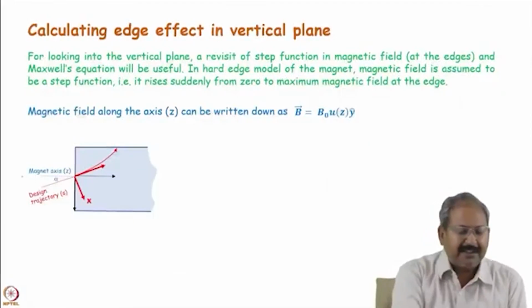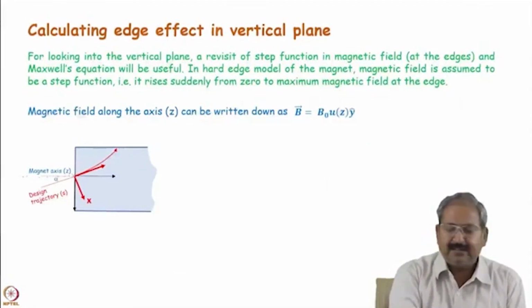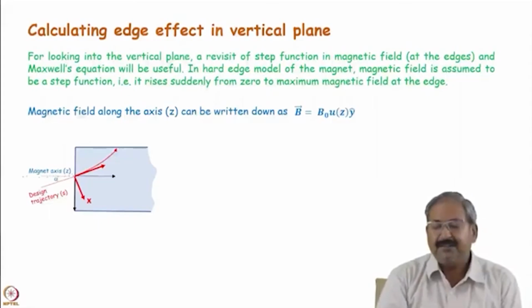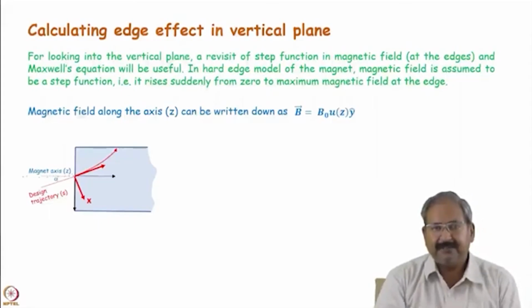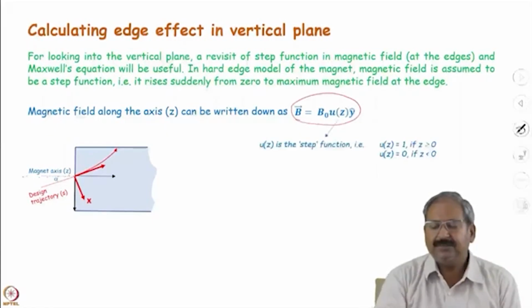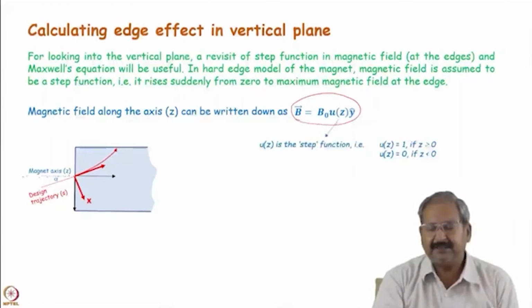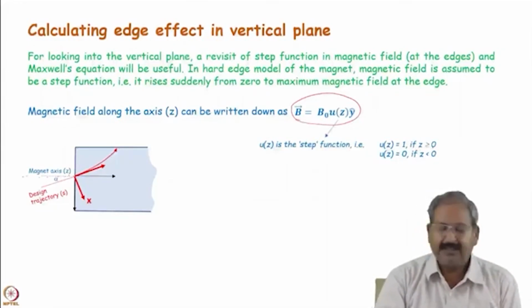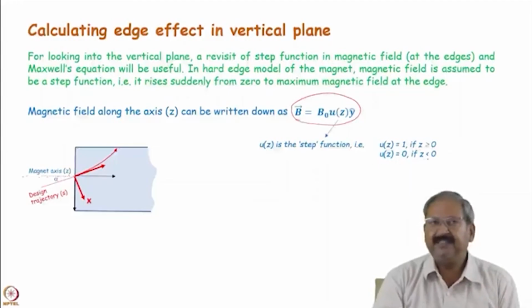Now along the magnetic axis, if we take the step function, then our magnetic field will look like this. What is uz here? uz defines the step function. So uz will be 1 if z is greater than 0 and uz is 0 if z is less than 0.